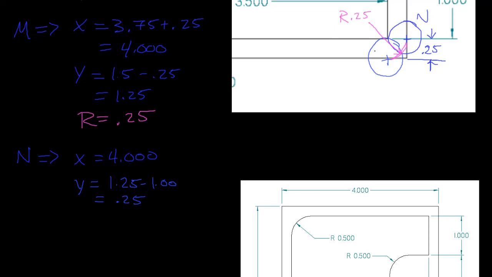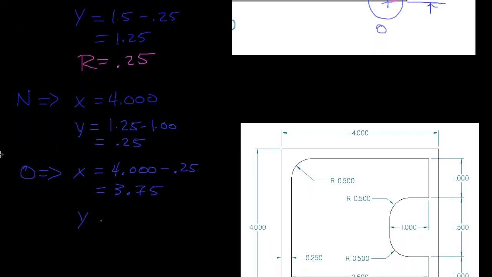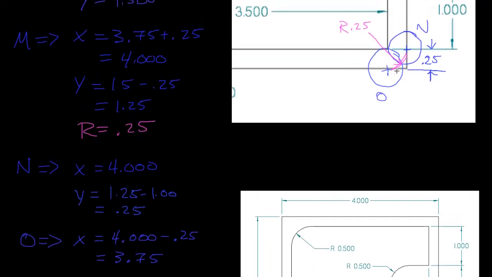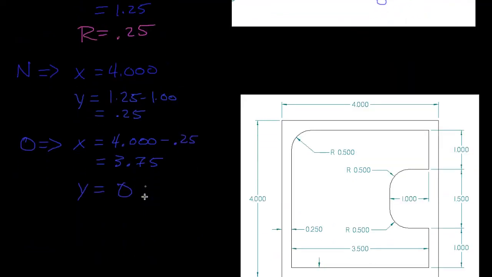And so if it has a radius of 1/4 inch, I know that point O has moved back in the x direction to 3.75, and it's also moved down to the y0 location. It's moved down 1/4 of an inch from 1/4 of an inch, so it is at y equal to 0.